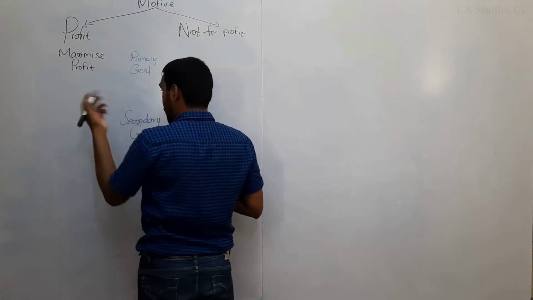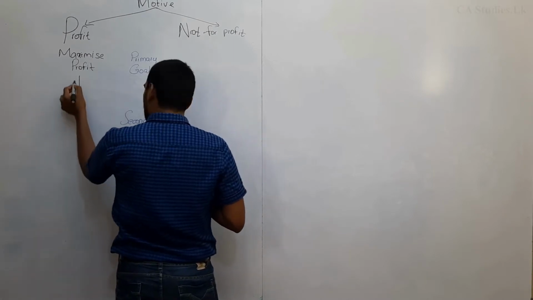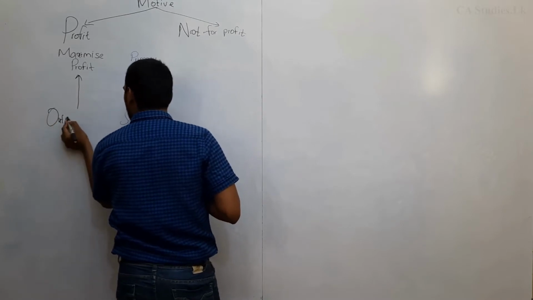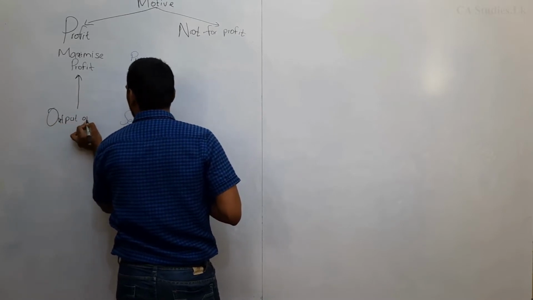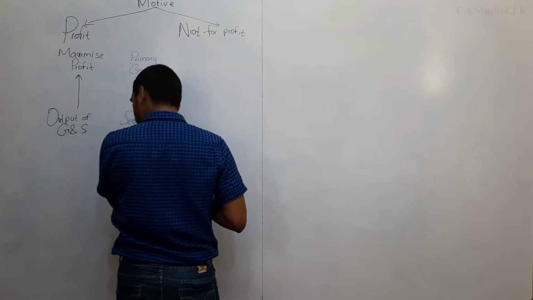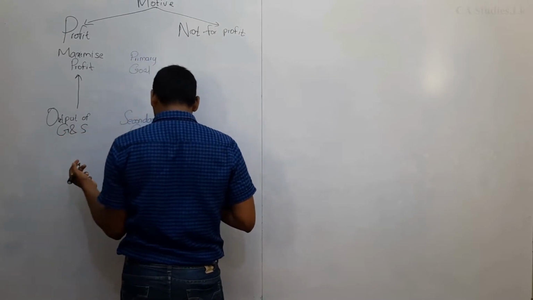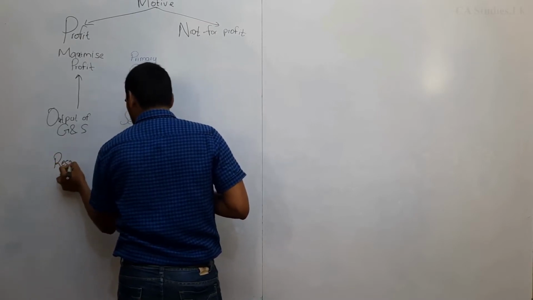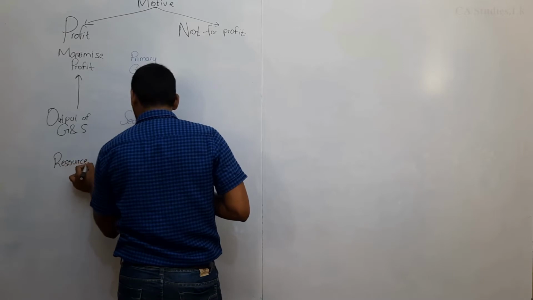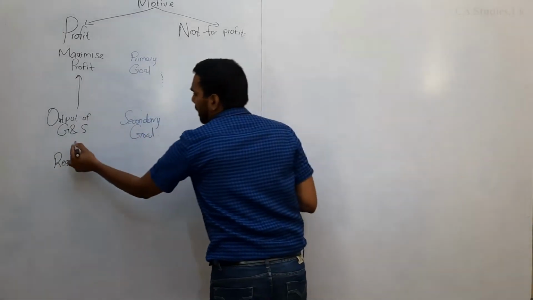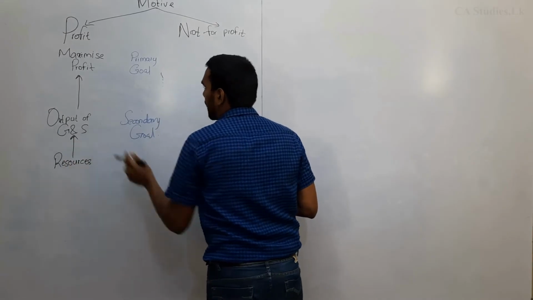Right? And how they maximize the profit is through output of goods and services. And how the goods and services are produced? Using the resources. Right? Okay.